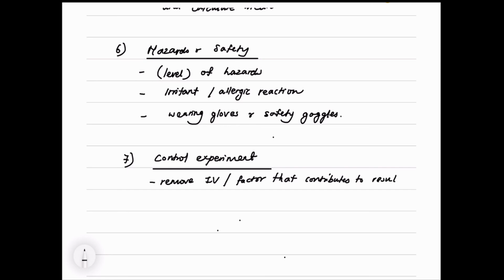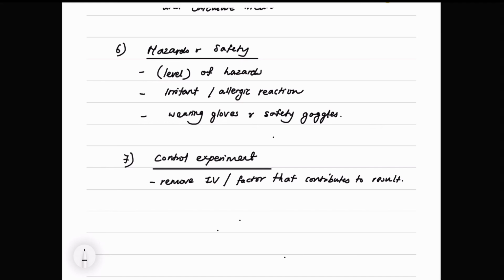So this is meant to prove that whatever result that you obtain from the experiment, it's purely due to the independent variable that you're changing and not anything else. Or to show that the experiment result is really from the factor that you're trying to investigate and nothing else.